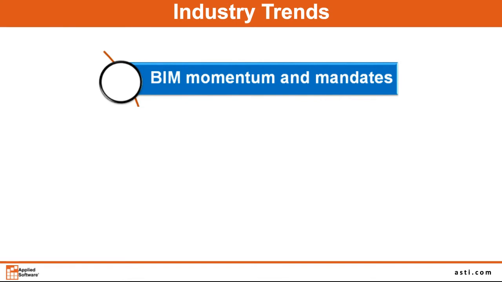As the number of architects and engineers and other players who are realizing the benefits of model-based design grows, much more information is being moved forward with the building model, and it's changing workflow expectations. More on that in just a little bit.